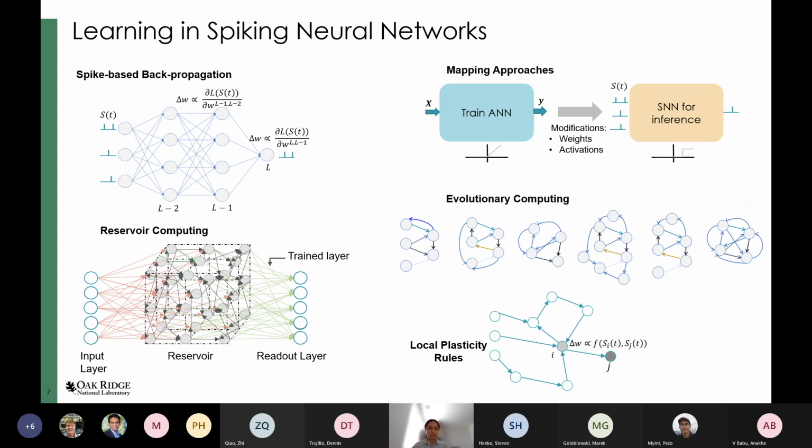So for this, there are different mechanisms that people have proposed. One is the spike-based backpropagation, where you look at the error and then you backpropagate the error and iteratively adjust the weights of the different layers of the spiking neural networks.